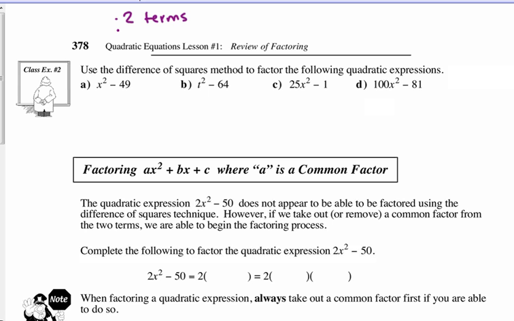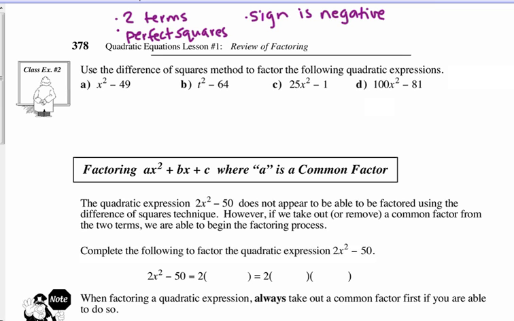The middle is 0, so there's no middle term, so that's why there's 2 terms. What do we call this last number? What did it have to be? Perfect square. So it has to be perfect squares. And the sign in between is always negative. Okay, then it's a difference of squares.